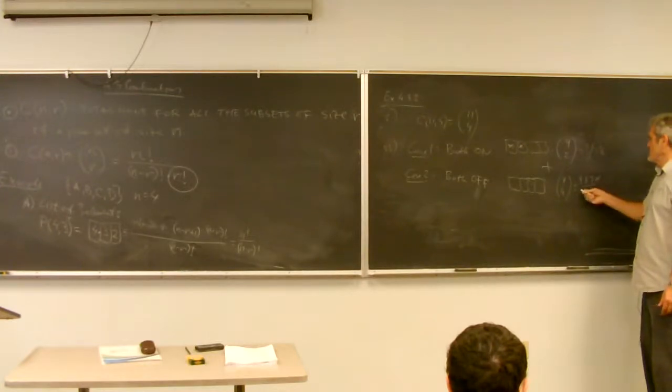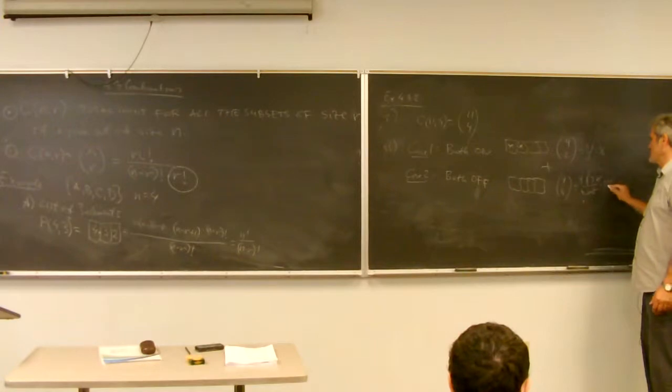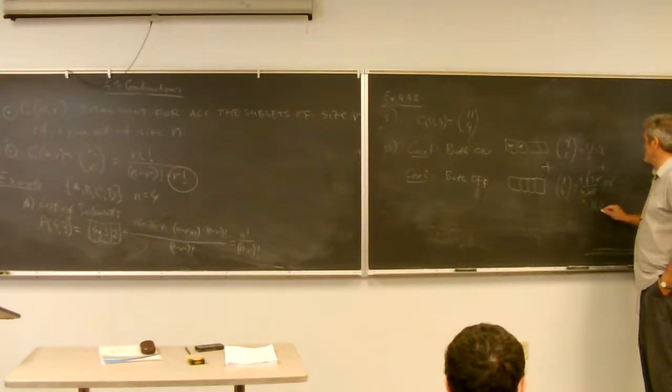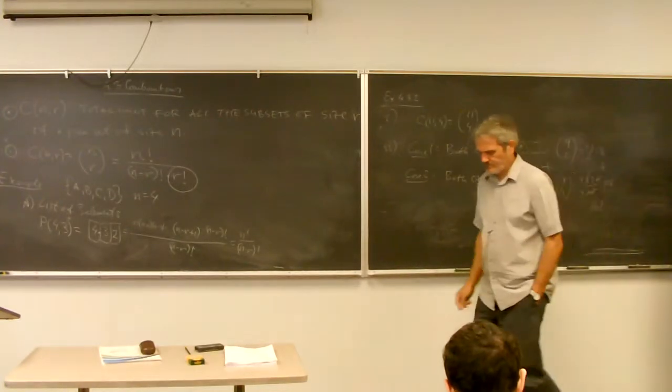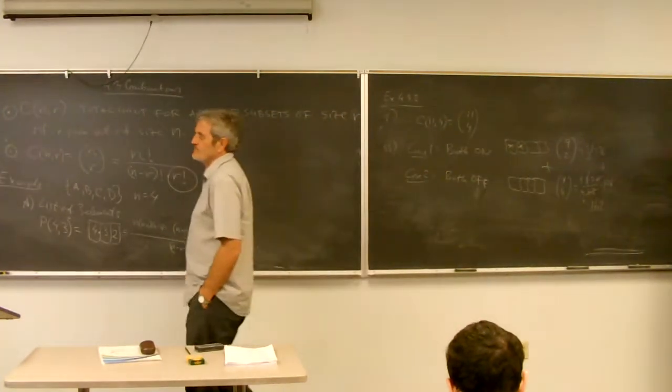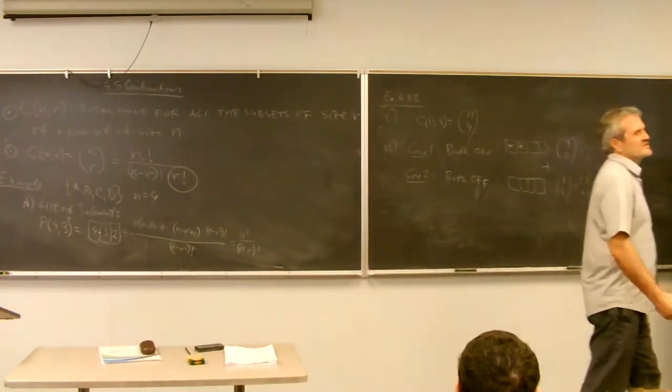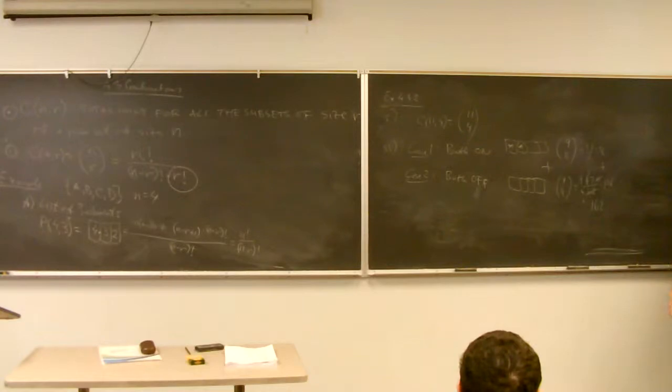Then 3 and 2 give me 6, 4 gives me 2, so that's 126. Now you add them up, and the answer is 162. As I said, you want to break your situation into cases where you can apply your formulas.